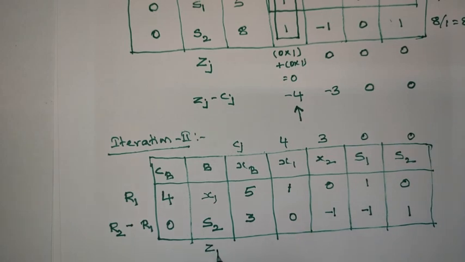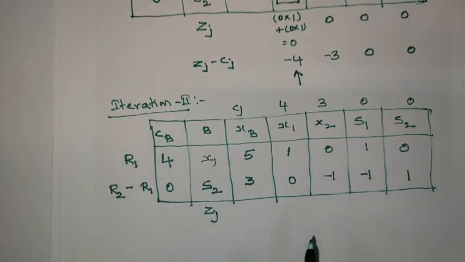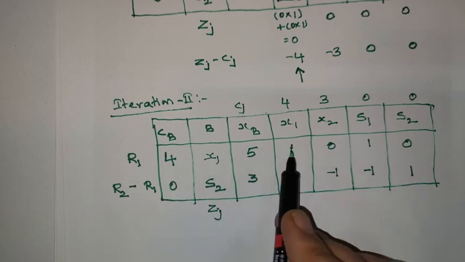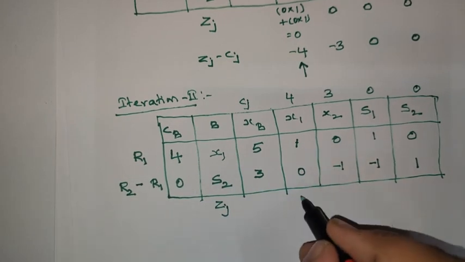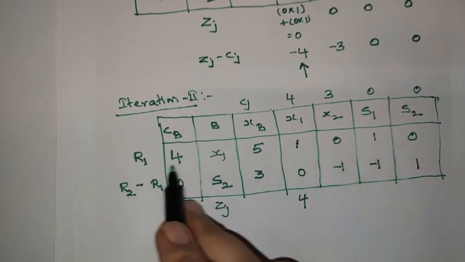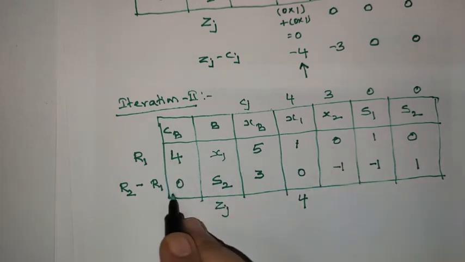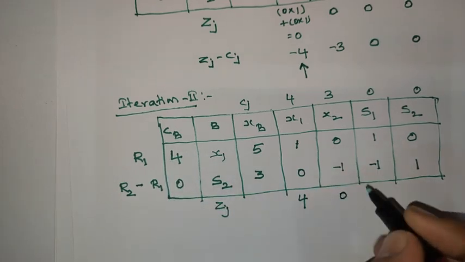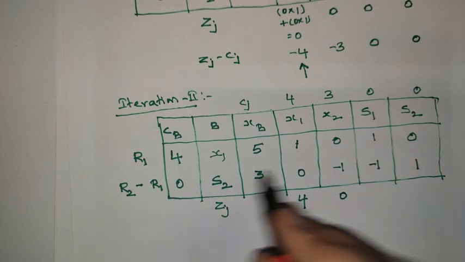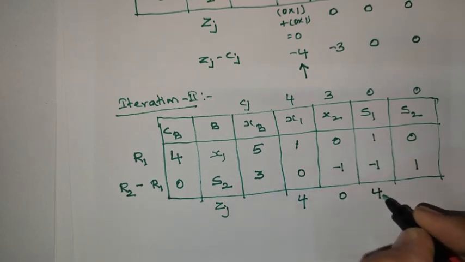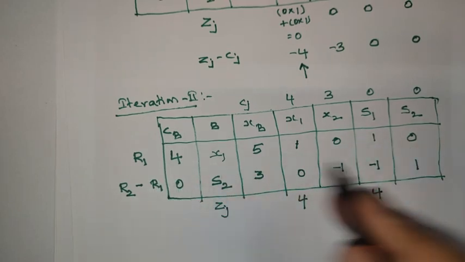Then calculate Zj. So Zj will be equal to 4 into 1 plus 0 into 0, that is 4. Next 4 into 0 plus 0 into minus 1, that is 0. 4 into 1 plus 0 into minus 1, that is 4. 4 into 0 plus 0 into 1.